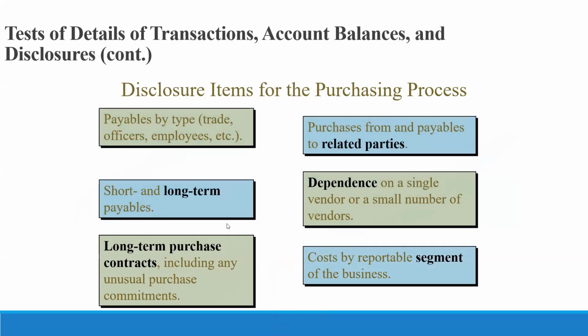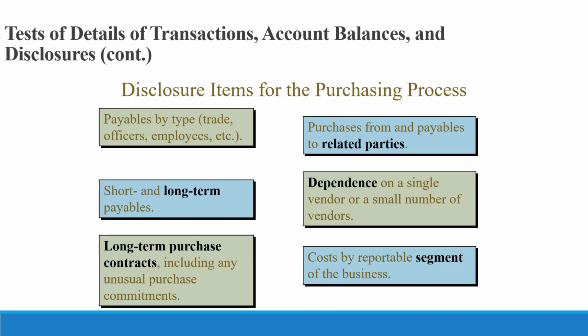So probably here we also want to emphasize, in purchase, there are some special purchase transactions and purchase contracts that auditors should always pay attention to. First is the long-term purchase contracts. Long-term purchase contracts usually tend to be more complex, with many items and many clauses inside.